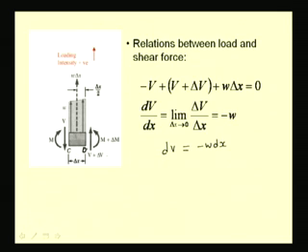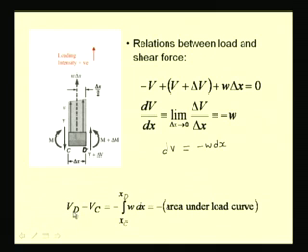So, if we integrate this value from C to D, we get the difference in the shear force between the section D and C as the negative of the area under the load curve, because this value, that is integral W dx between C and D, is nothing but the area under the load curve. So, we have this relation that the change in the shear force is equal to the negative of the area under the load curve. So, this property can be used to construct the shear force diagram.